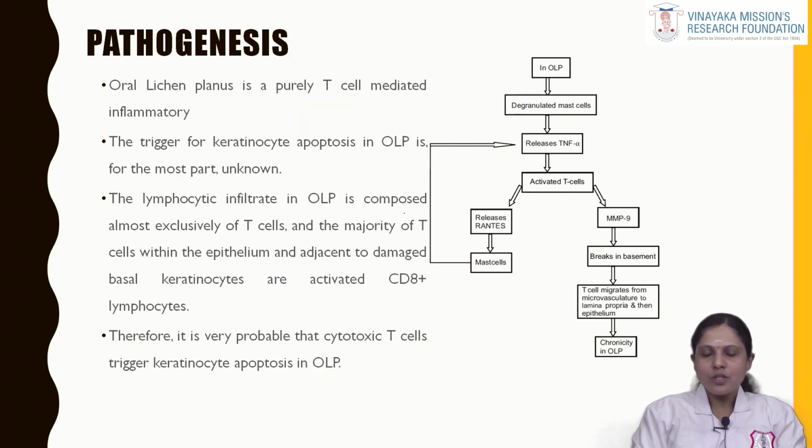So the etiopathogenesis of oral lichen planus is a purely T cell mediated inflammatory lesion, and the trigger for keratinocyte apoptosis is usually unknown.